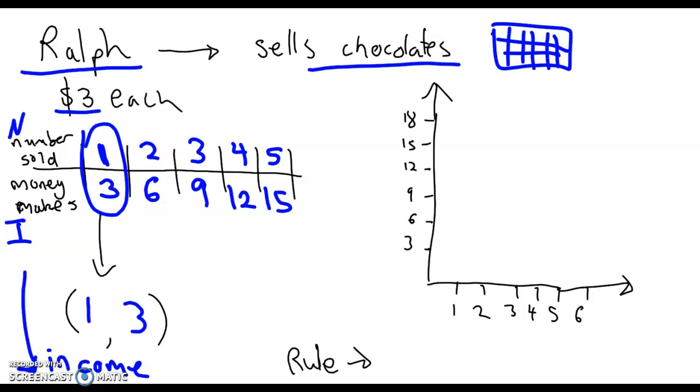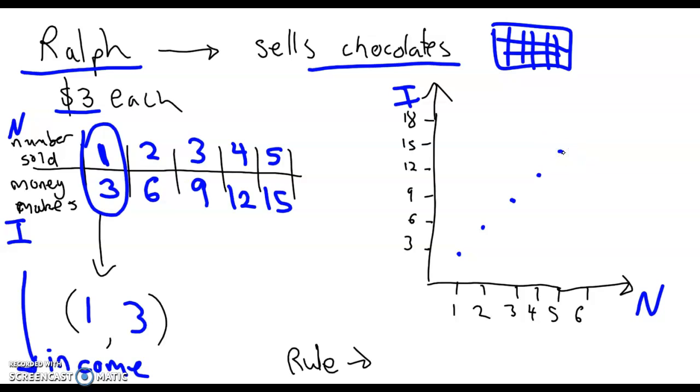So let's look at how we could graph that. Here's the number sold and how much money Ralph makes, his income. If he sells 1, he has 3, 2, 6, 3, 9, 4, 12, 5, 15, and so on.